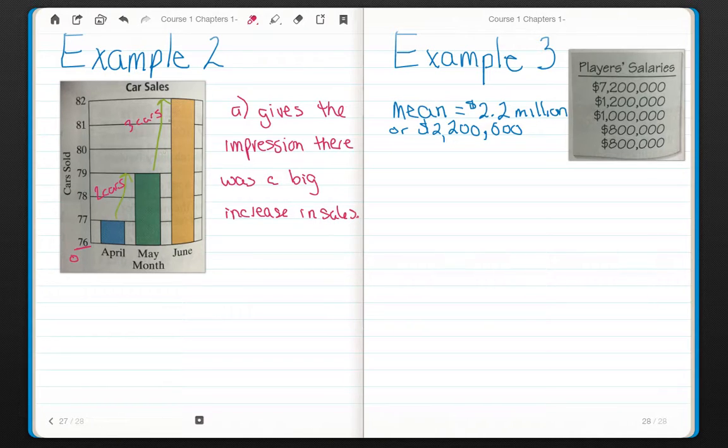Because it looks like there's a lot of space, but when you look at the intervals and the fact that it didn't start at 0, 3 cars really isn't that much when you're looking at 80.